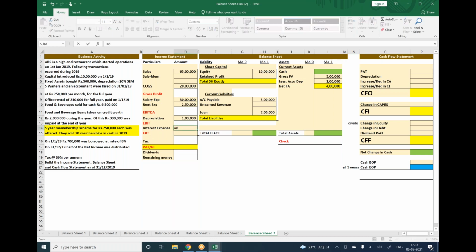This one, 8% into 7 lakhs. Salaries for 1 year. This entire transaction is happening for 1 year. If you observe, capital introduced on 1/1/2019 and they're asking for the balance sheet of 31/12/2019. It's going to be for 1 year.